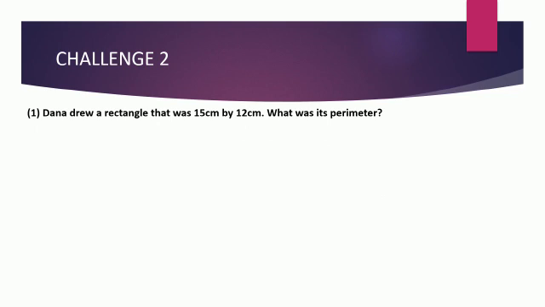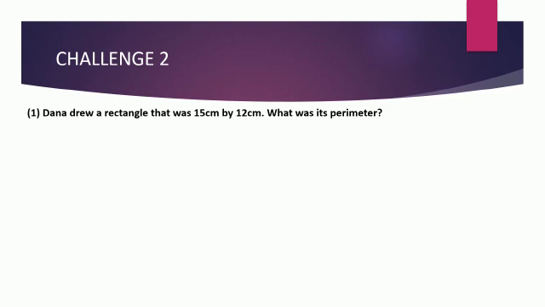First word problem is Dana drew a rectangle that was 15 cm, means centimeter, by 12 cm. What was its perimeter? You will have to understand the statement of the question. Look, the rectangle is already drawn and its length and width are given.